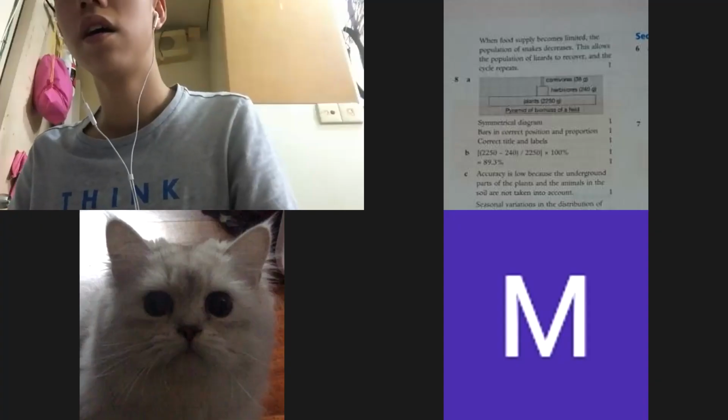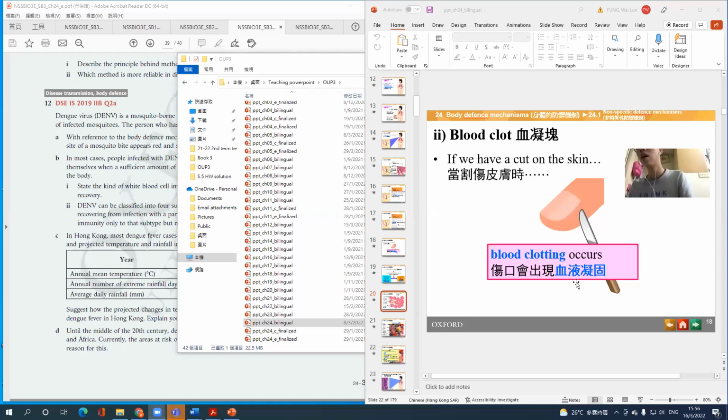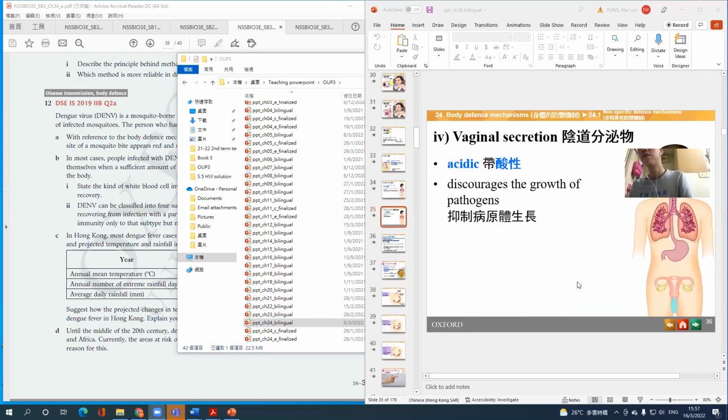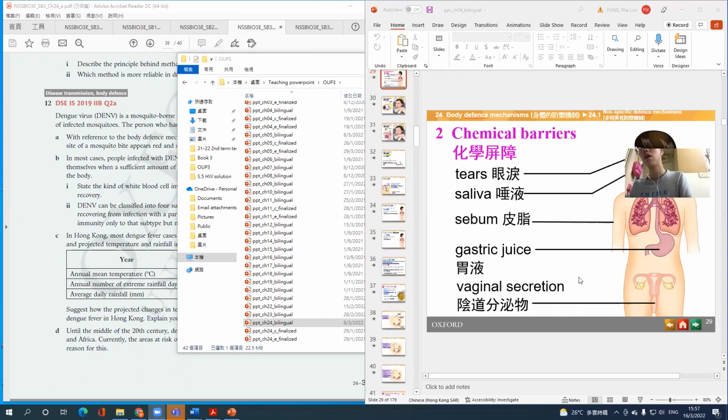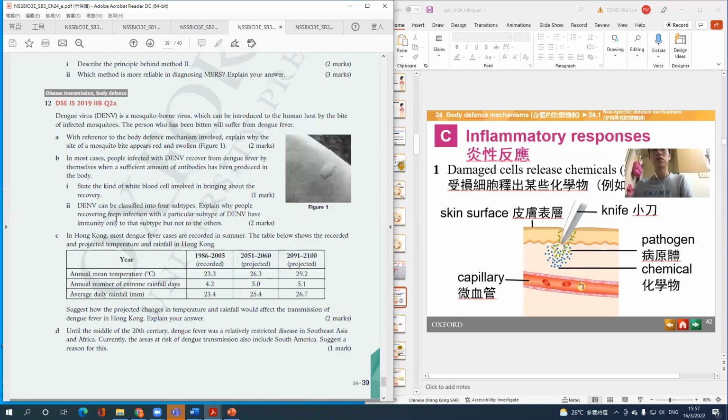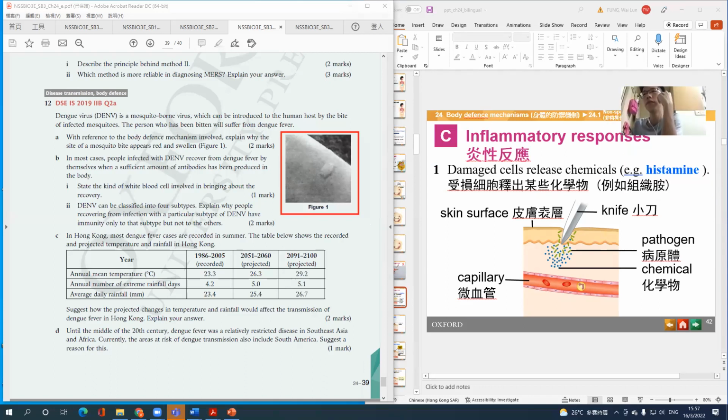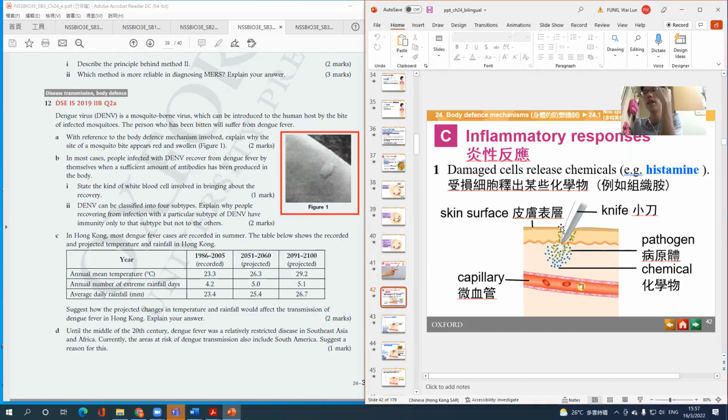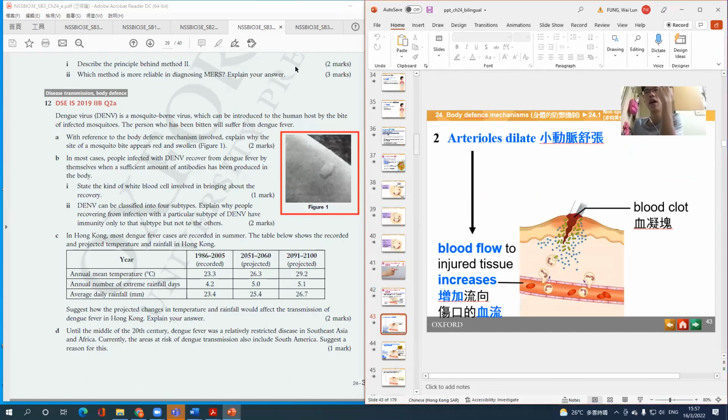If you remember the word inflammatory response: inflammatory responses happen when you are bitten by something, or when you have a wound on your skin. When you have a little wound on your skin, or the mosquito also secretes some chemicals, these chemicals can cause two effects. For example, arterioles dilate.